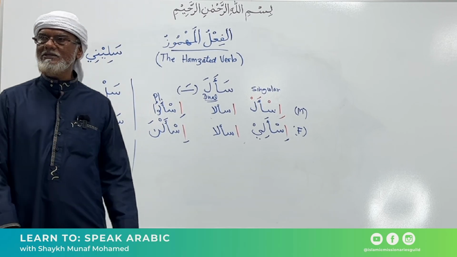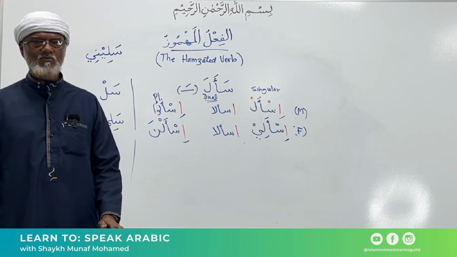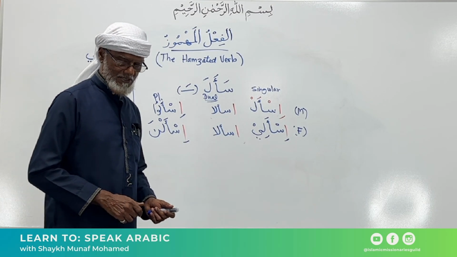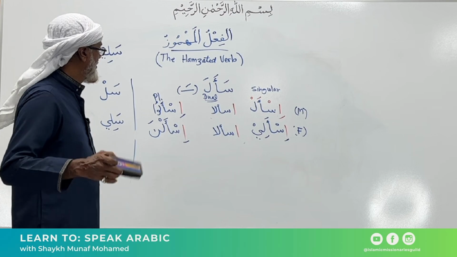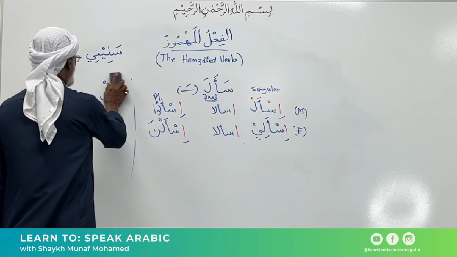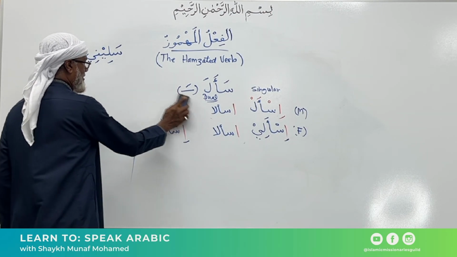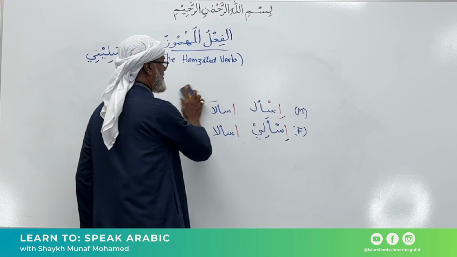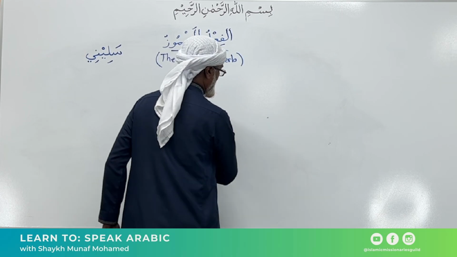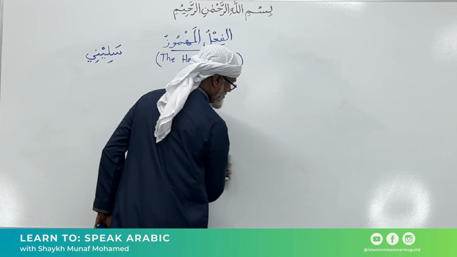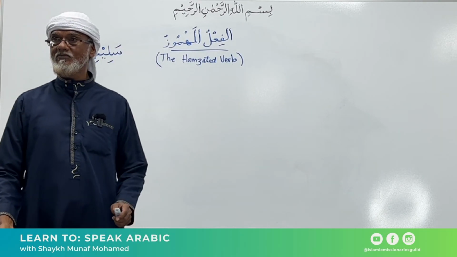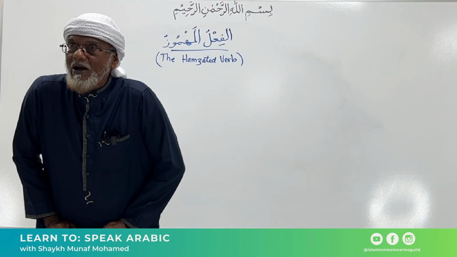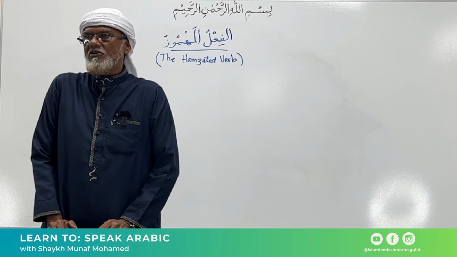Hal fahimtum? You all understand? All right? So that's why, again, the hamzated verb is a little bit different. And sometimes you could have the hamza coming at the end of the verb. All right? Example. Can you give me an example of a verb where the hamza is the last letter of the verb?